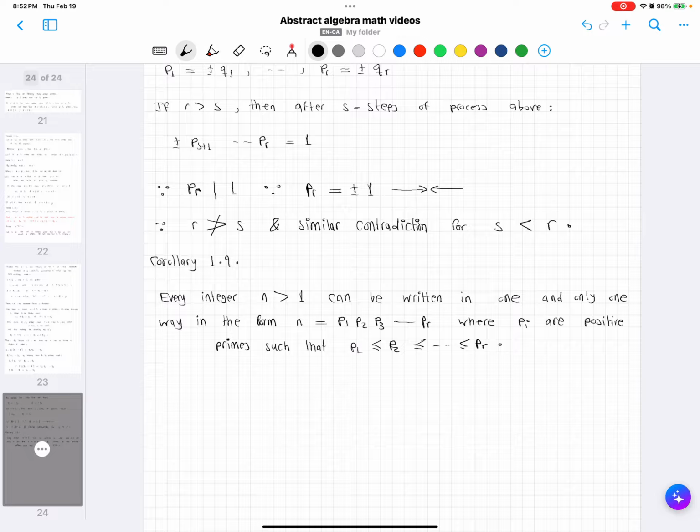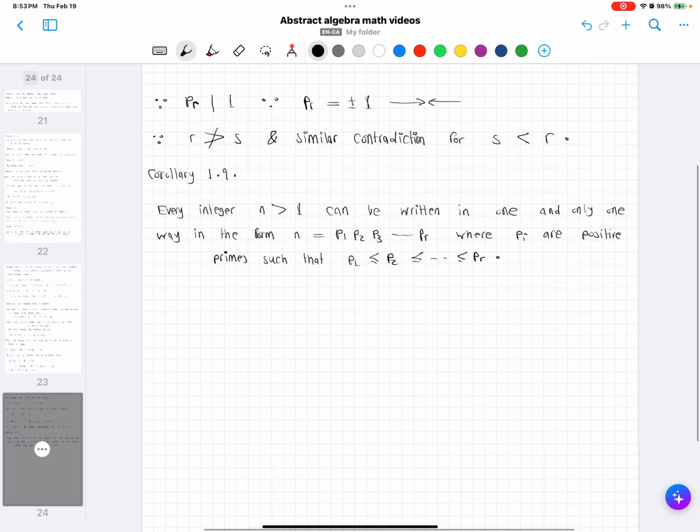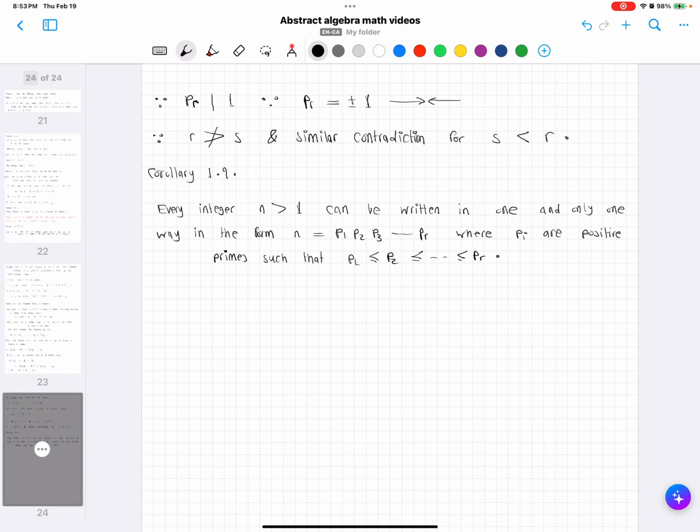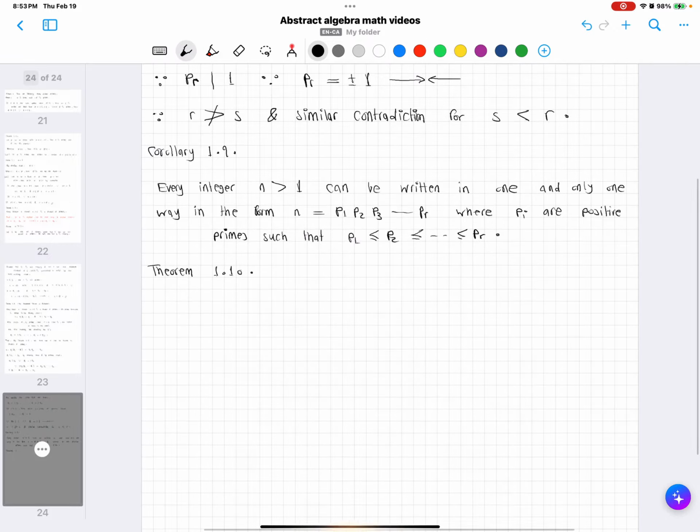So let me discuss the following theorem. I'll discuss the main idea and then I'll close the video. So Theorem 1.10 tells you: let n be bigger than 1.